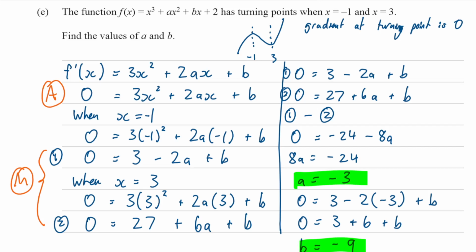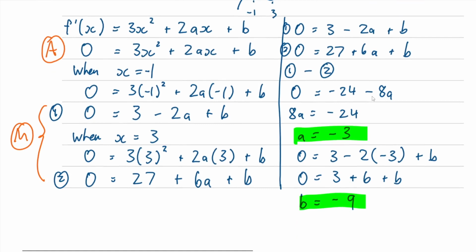Alternatively, you can use your calculator, use the simultaneous equation solver there. But after subtracting equation 2 from equation 1, we found a is equal to negative 3. We then substituted that back into equation 1, and we found b. So finding a and b accurately is the excellence component.